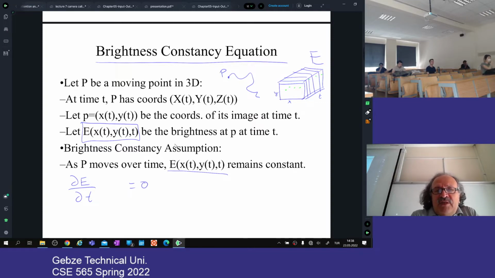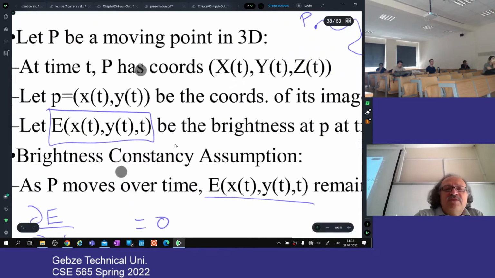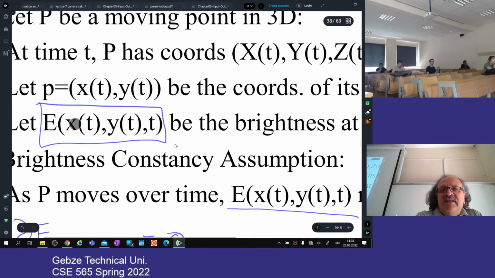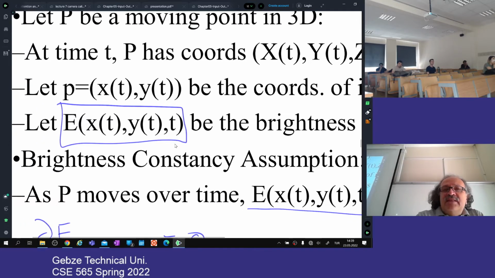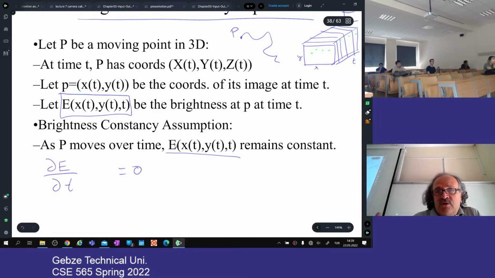That's our assumption. So if this function E(x(t), y(t), t) is the function that tracks our objects, then this function will not change its value. So if I take the derivative of this function with respect to t, it should be a constant value, and the derivative of a constant should be 0.